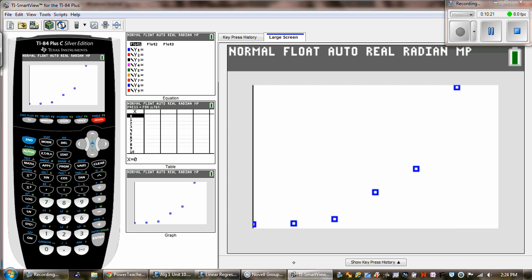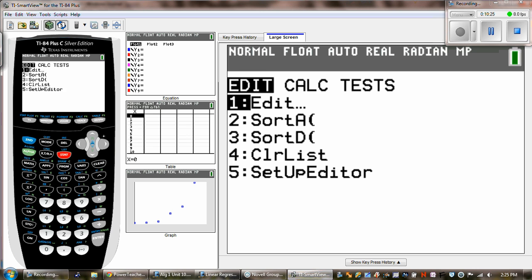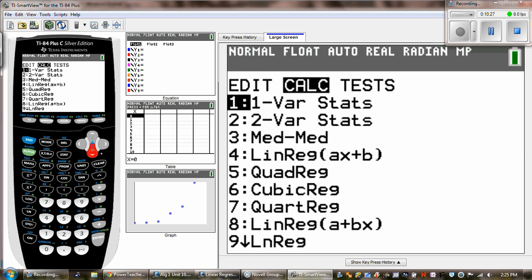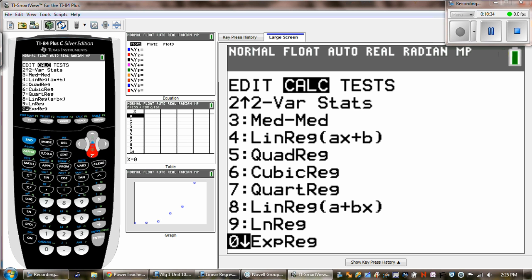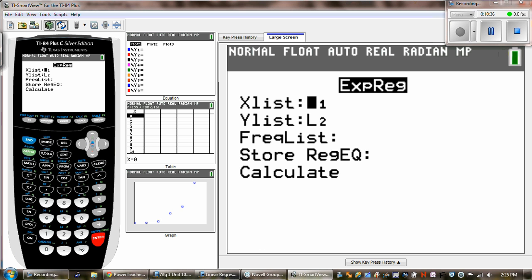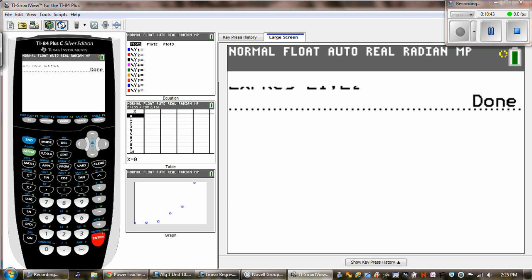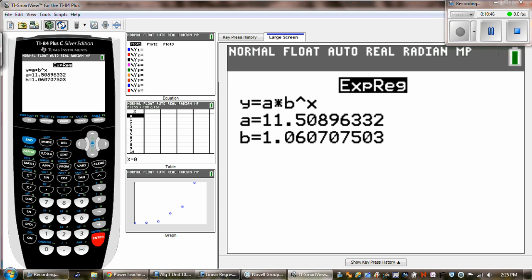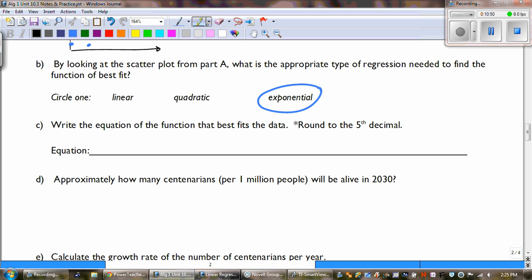So here's the new part. To find our equation, we're going to go to Stat, go to Calculate, and we need to go down to Exponential Reg, okay? So you guys can just hit Enter right away. Mine has to go down a little bit, and then it's going to calculate. Now, before we start writing things down, what's it tell us to round to?